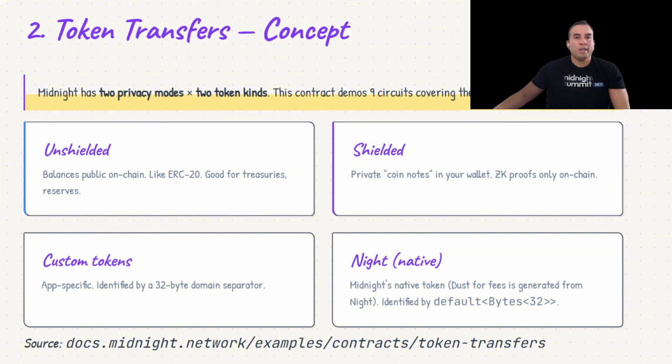Think of Night as the reserve currency, dust as the cash for fees. Mix and match those two axes and you get 4 combinations. This one contract shows 9 different circuits across that grid. It's a little overwhelming on first read, so we will take it piece by piece.